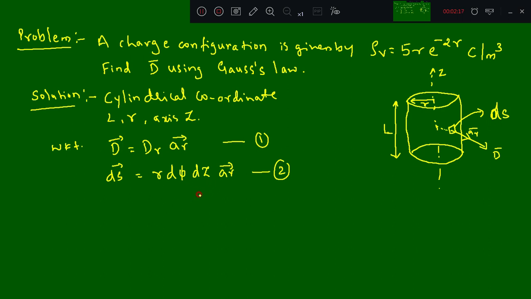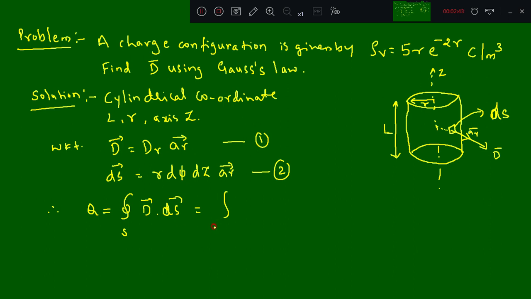Then the D dot dS, so therefore the charge Q is given by the surface integral over S of D dot dS. So this is equal to the integration, surface integral means length and phi you have to take.